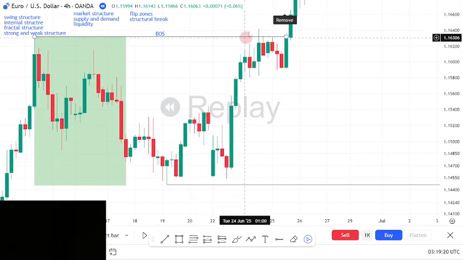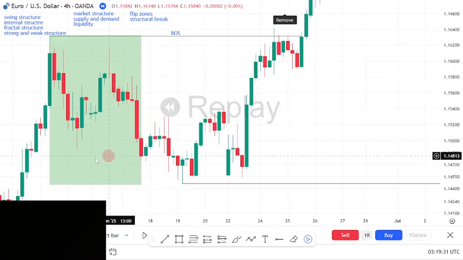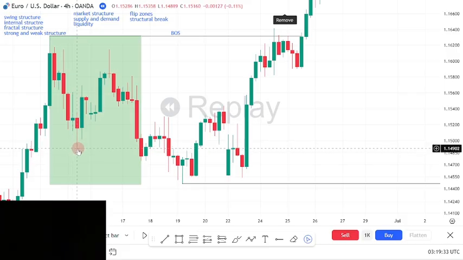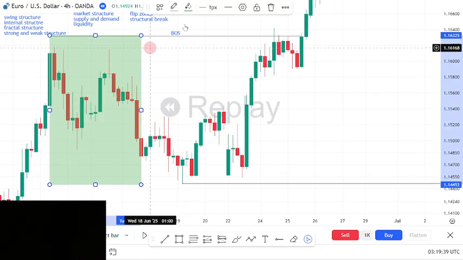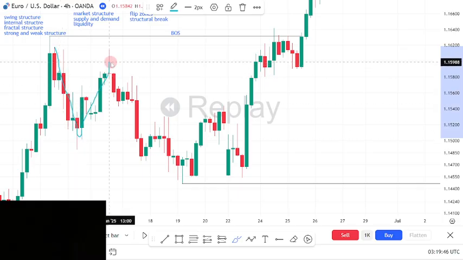when price broke this structure, okay, we have this drop to the downside, and price is pulling back.